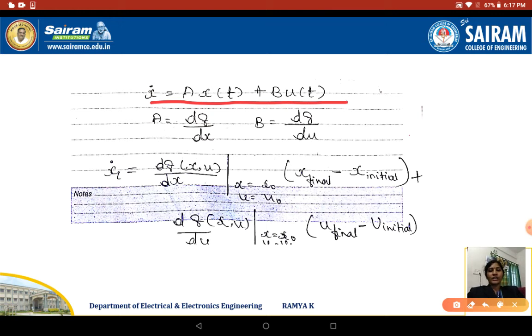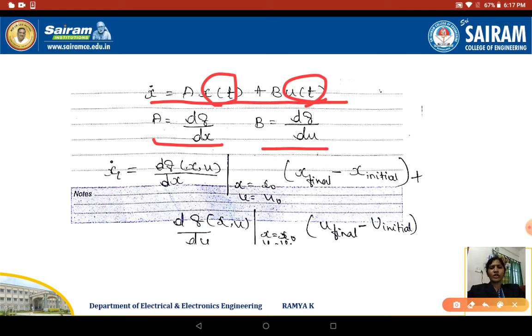Here A is a matrix which is a function of your state variable, so we are going to write A is equal to df divided by dx. B is a matrix which is a function of your input variable, so we write B is equal to df divided by du.